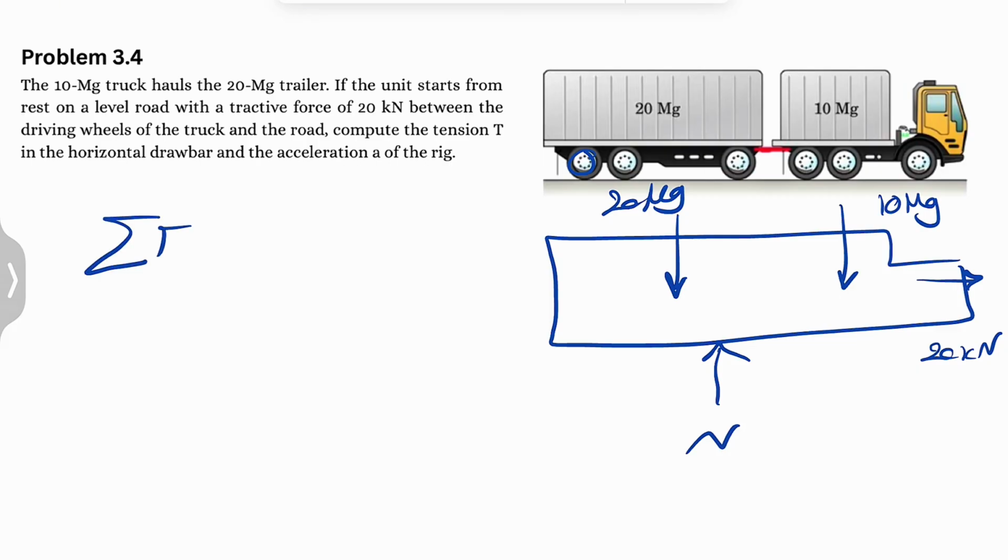Now the sum of all forces. If we call this direction y and this one x, the sum of forces in x is mass times acceleration in x. Obviously there is no movement in the y direction.